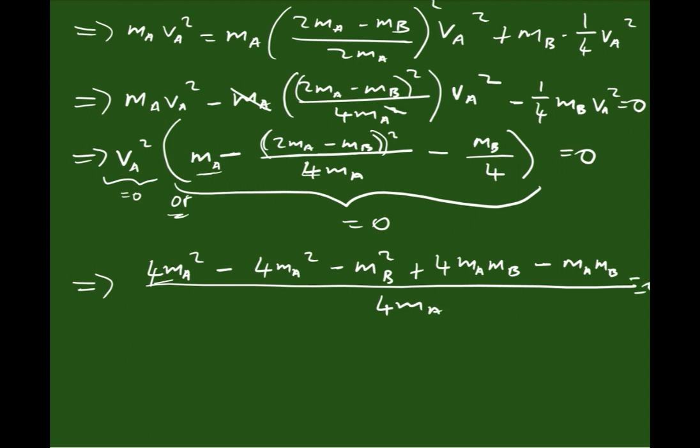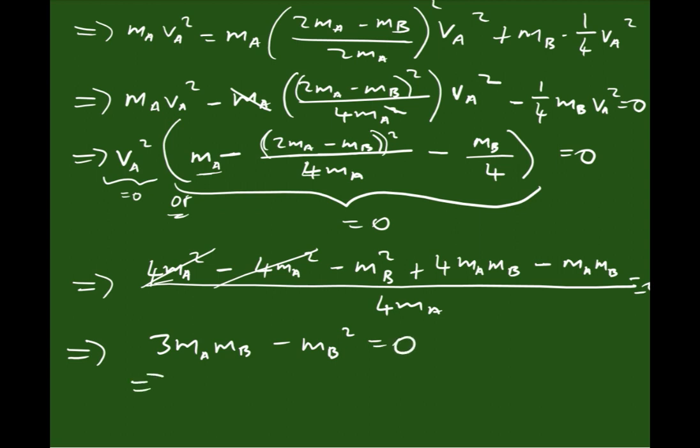So for this to be 0, the numerator has to be 0, but we can simplify. So 4MA squared minus 4MA squared, they disappear. MA times MB minus MA times MB is 3MA MB, so we end up with 3MA MB minus MB squared is equal to 0.